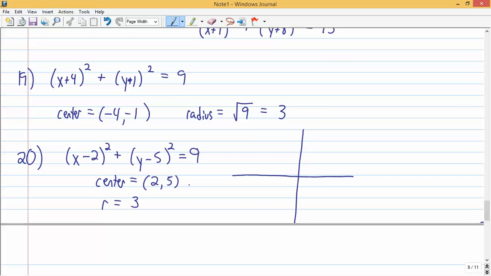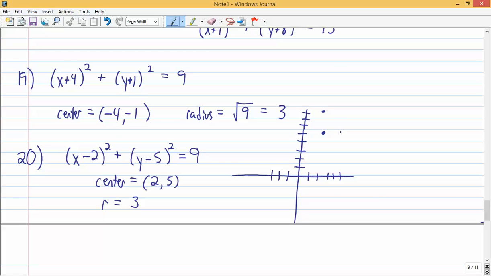Alright, so put a point at 2, 5. That means go over 2 on the right, go up 5. So there's the center of your circle. Now, to graph this out without using the tool that you'll have on your homework, from the center, you simply go up 3 and put a point, go back to the center.